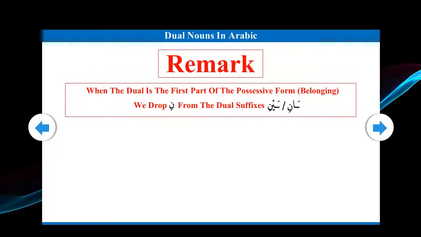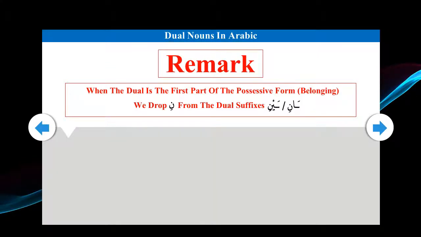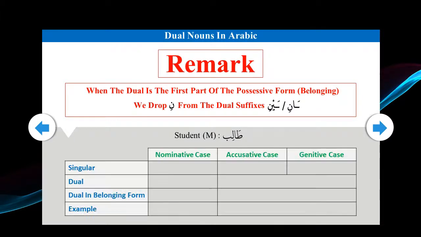When the dual is the first part of the possessive form, we drop the letter noon from the dual suffixes. Take for example the word طالب, which means a male student. The singular in the nominative case is طالبٌ, in the accusative case طالبًا, and in the genitive case طالبٍ.